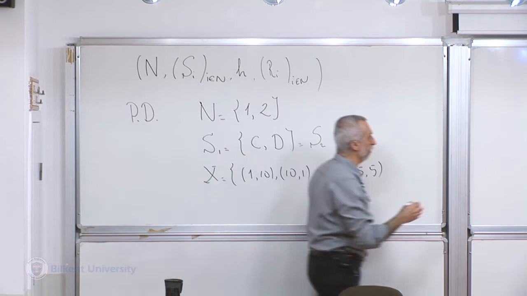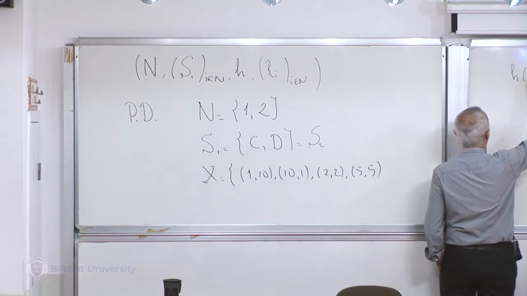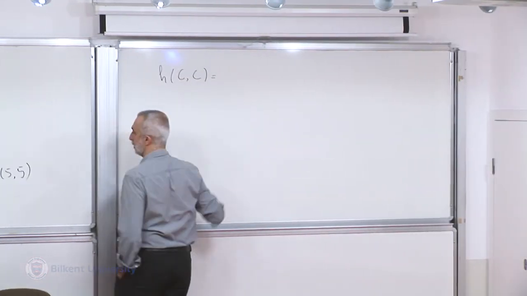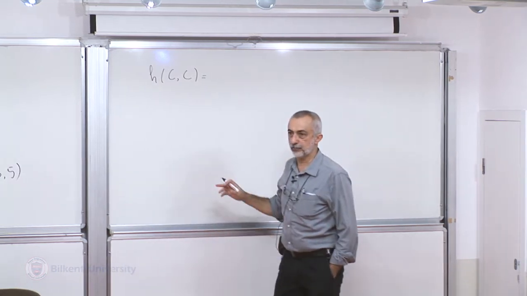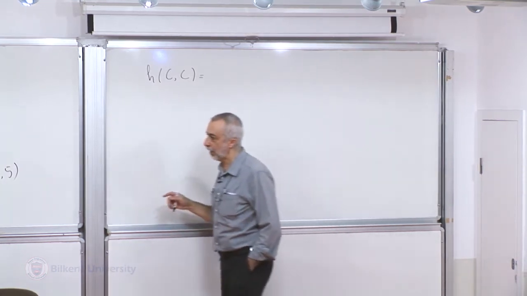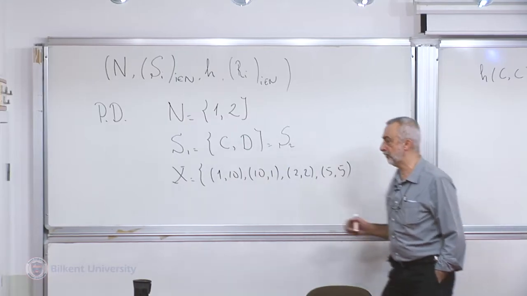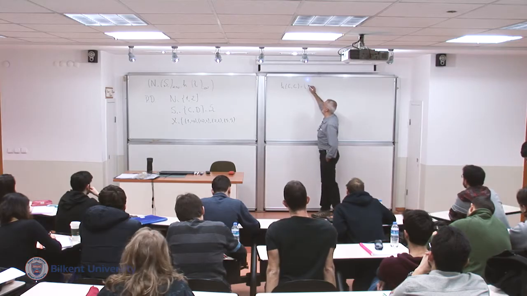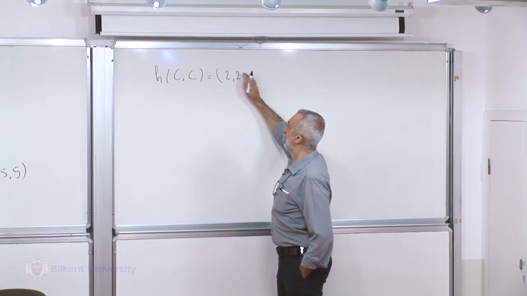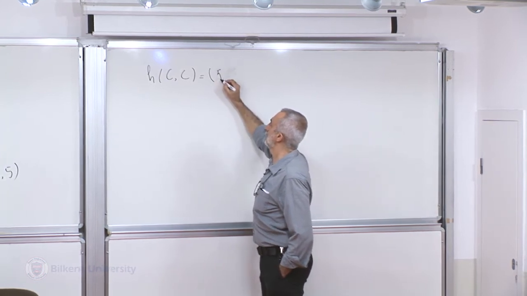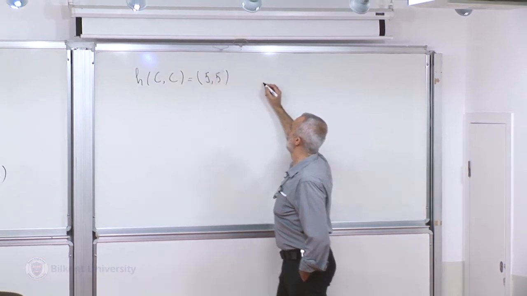And then we had the outcome function, which mapped CC, that is, the outcome of this game situation if both confessed, then both would be jailed for 5 years. That was the story.